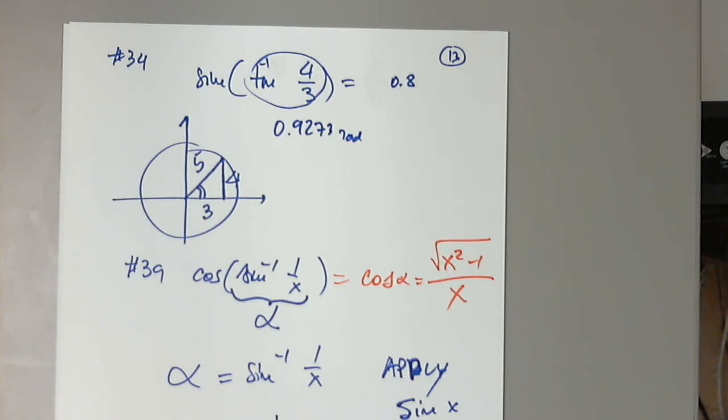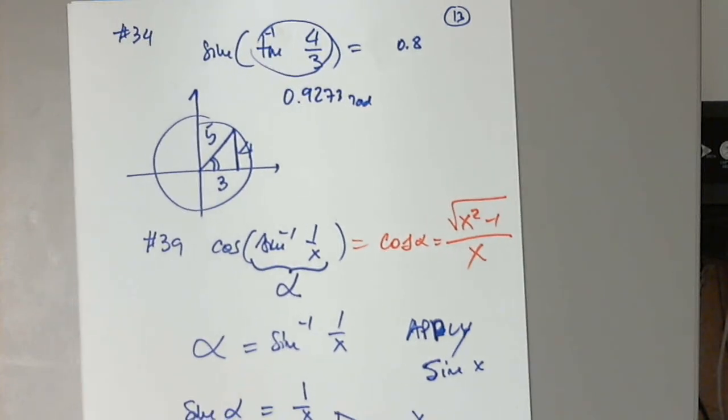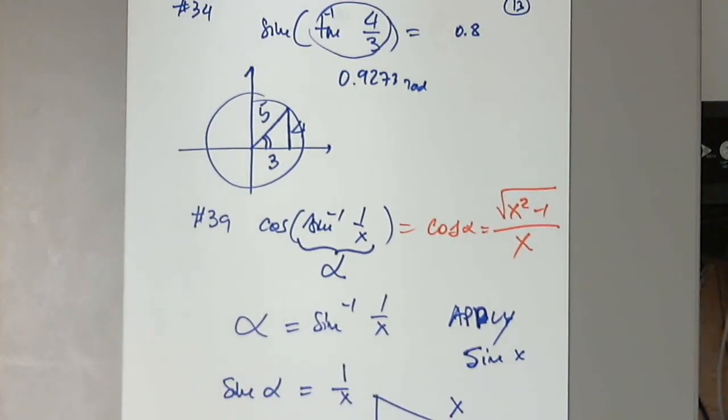Easy peasy lemon squeezy. So let me just go back for 1 second and we'll stop. When we're given something like this and you see sine inverse, you know that sine inverse is applied to a number and the answer must be an angle. So in this problem, we're really asked to find cosine of this angle. In order to determine that, you can give it any name you want, we said alpha.